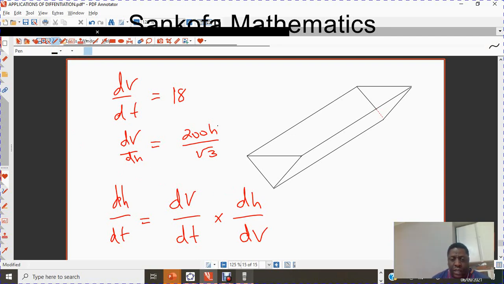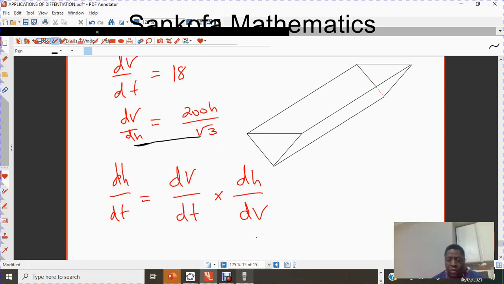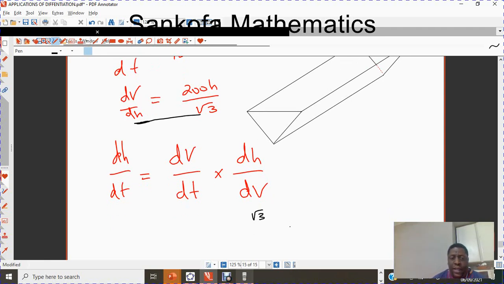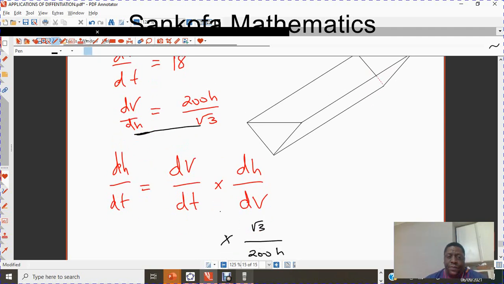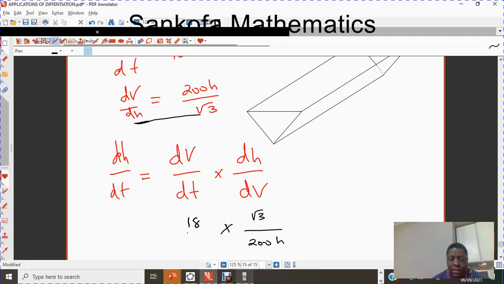This value would be now the other way around. It will be now root 3 over 200h, because we're looking for dh/dV, and we multiply that by 18. This is how we use the chain rule, so that we can go ahead and clean this up. All right, it's 18 root 3 over 200h.